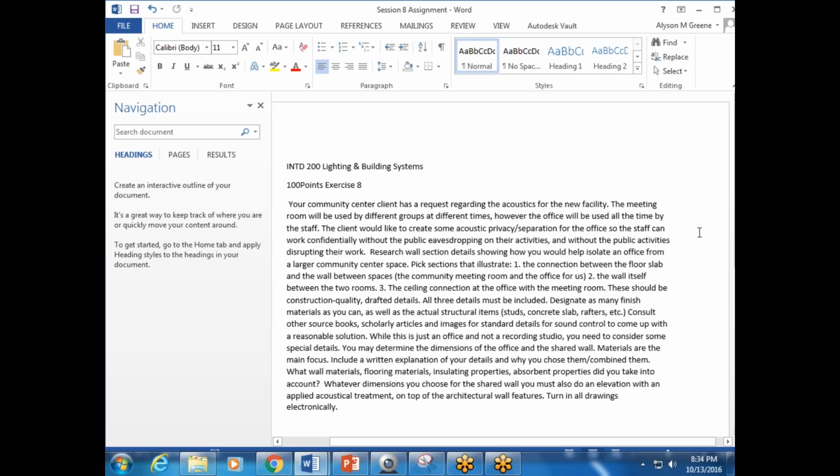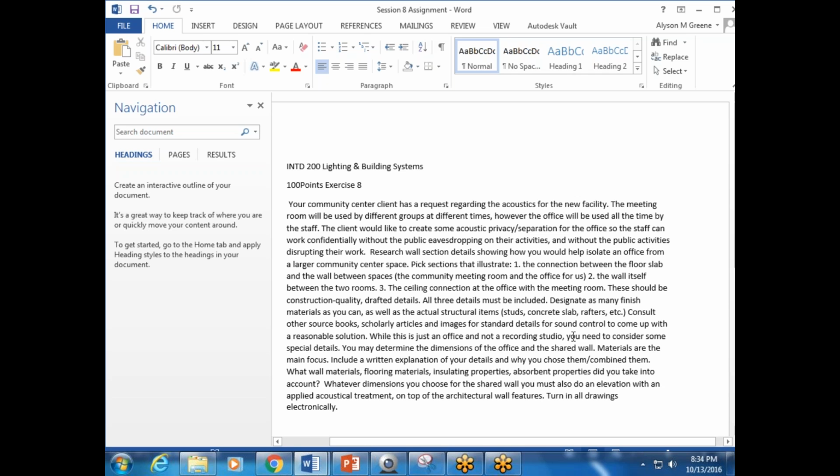Research wall section details showing how you would help isolate an office from a larger community center space. Pick selections that illustrate the connection between the floor slab, the wall between spaces, the community meeting room and the office, and the wall itself between the two rooms.